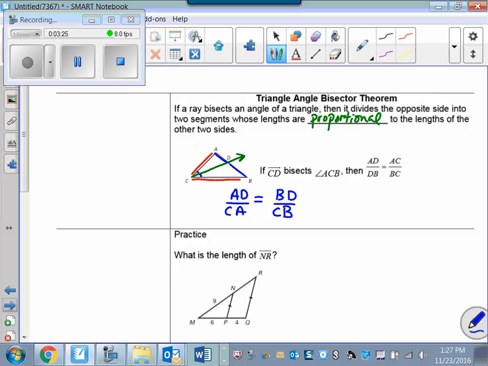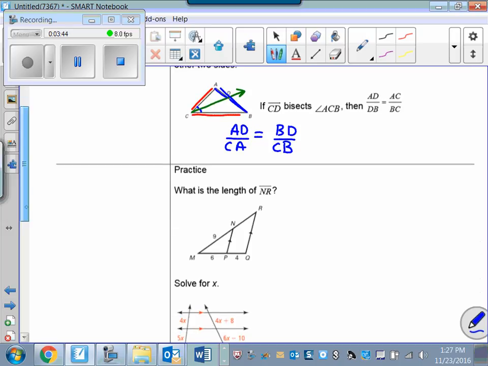And if you look at that, I would get the same cross product, right? AD times BC. I just switched my letters around. But anyway, that ray divides this opposite side of the triangle into segments that are proportional to the lengths of the other two sides of the triangle.